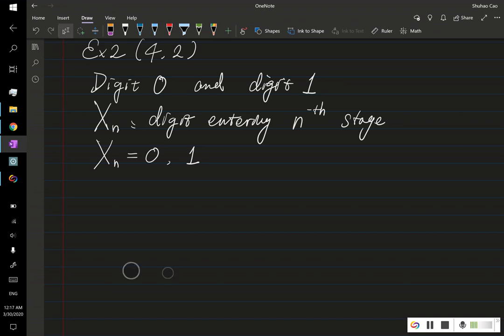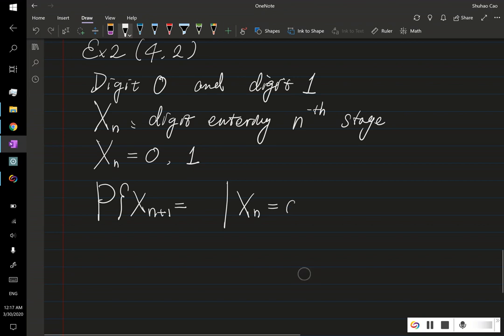So explicitly, if we write down the conditional probability given the current state, for example, if the current state is 0 at the nth stage, then the probability that it is unchanged, which means when it leaves it's still 0, is p.